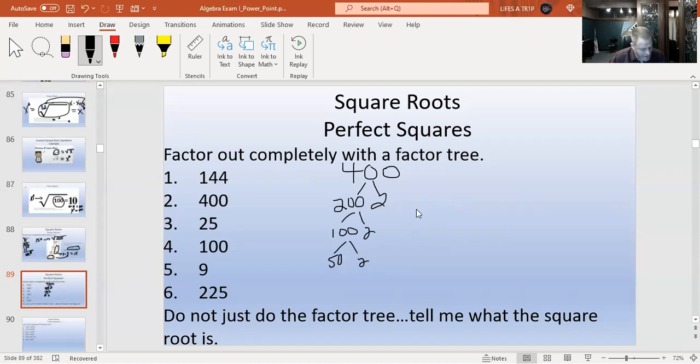Okay, and smallest number possible, which is a 2 and a 25. I've got a lot of 2s going on here, and 25 cannot be divided by 2 evenly, but 5 can.